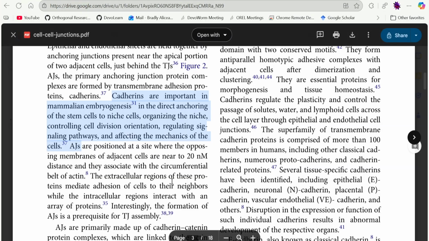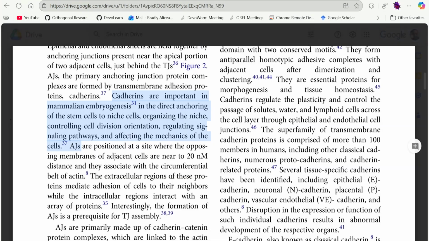So this is the point about cadherins, that they're important in setting up the tissue, setting up the sheet that will then form this functional surface that we see in the functional biology.